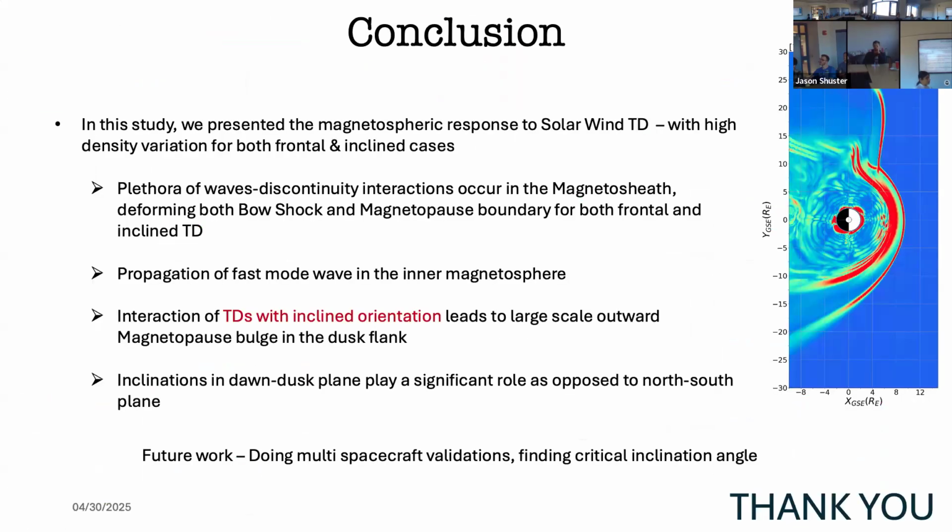Now, these are the conclusions. In this study, we looked at the solar wind discontinuity with high density variation for frontal and inclined cases. In both cases, we see some interactions in the magnetosheath and the propagation of the fast mode wave in the magnetosphere.